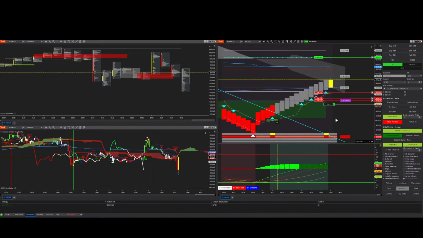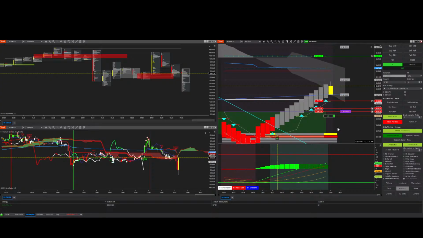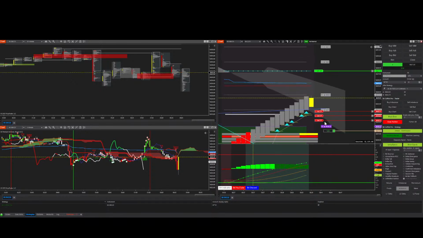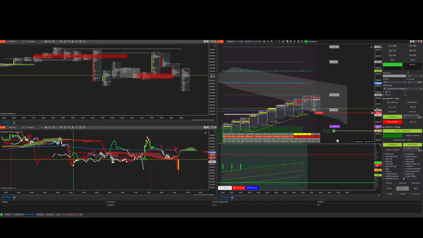Working out, that's our auto trail, one of our ATM strategies that we share with our members. Stop filled.